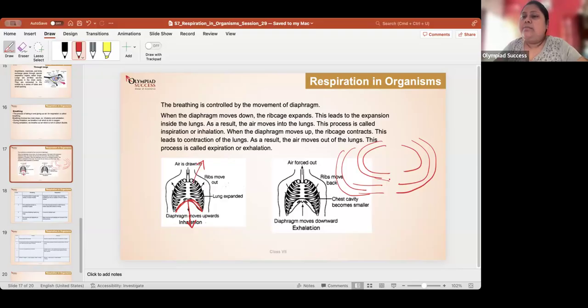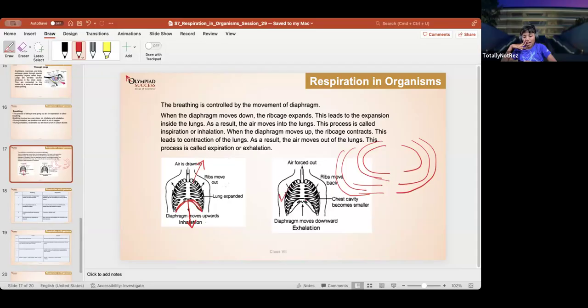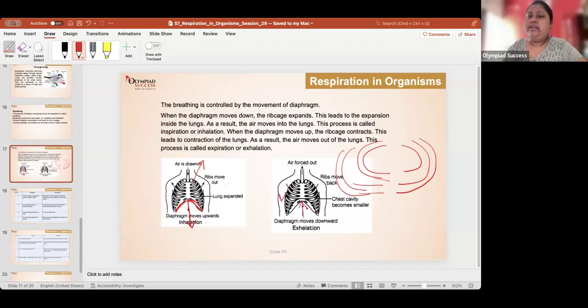Now understand. Put your hands again on your chest. Take a deep breath and then exhale. So what happens? Ribs take their normal position. They will come down. What about the diaphragm? It relaxes and will move up, taking its position.